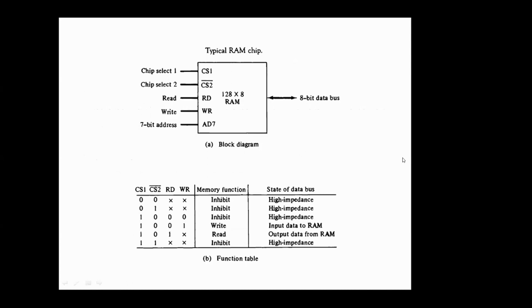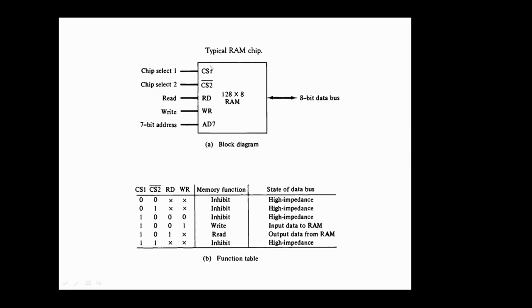Let us have a look at a typical RAM chip. So this is a block diagram of a RAM chip. Here, in this example, the size of the RAM chip is 128 into 8. So what does this mean?